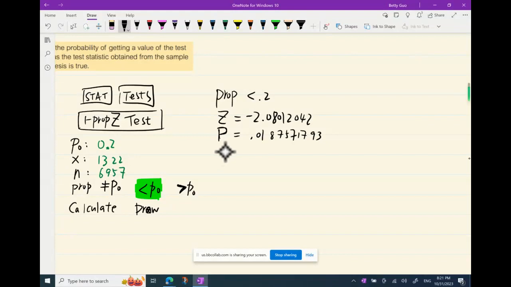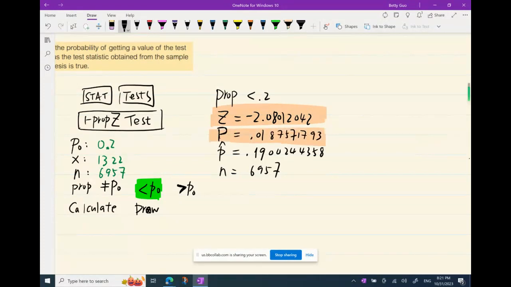And the p hat, your sample proportion, is also given: 0.1900244359. Sometimes you need it, right? Sample size is also given, 6957. What we need is the test statistic and the p-value.